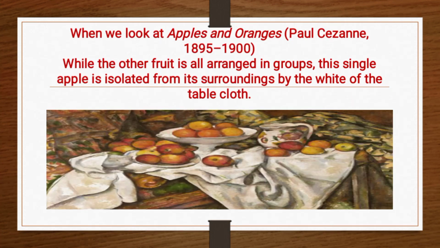Now we move forward to Apples and Oranges by Paul Cézanne, from 1895 to 1900. While other fruit is arranged in groups, the single apple is isolated from the surroundings by the white of the tablecloth, which we can see. Only one apple is isolated, stained on the cloth, and that one apple is the one that draws the attention of the viewer.